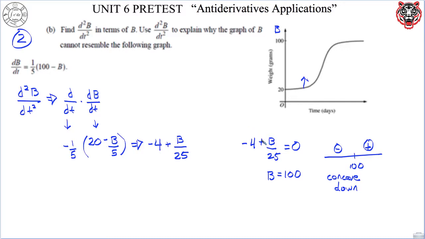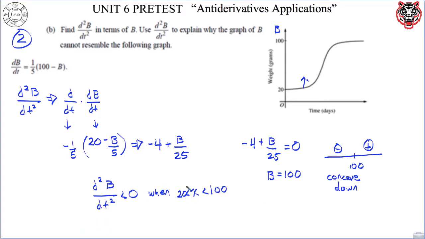So now we have to use all of our information to state our conclusion. Our conclusion is d squared B over dt squared is negative when B is less than 100, and technically greater than 20. I don't think you really need that, but it's definitely when it's less than 100.